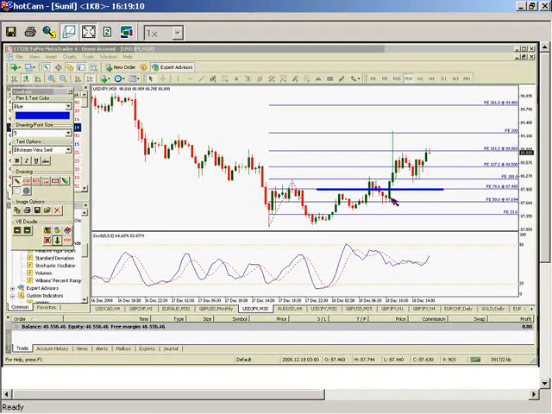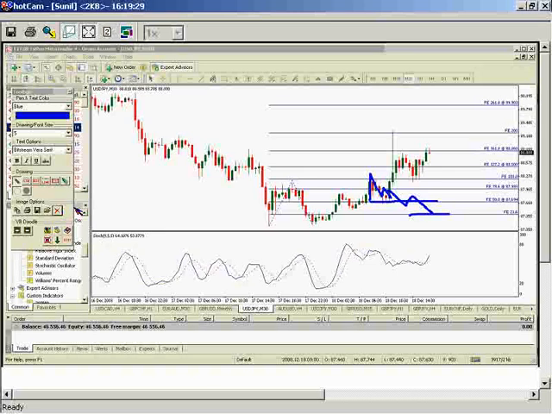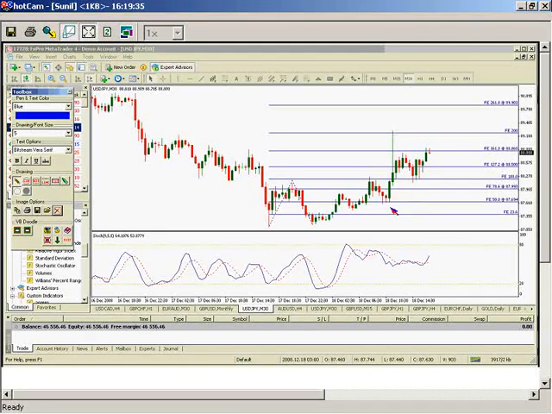This pullback has been held by the 50. It could even be held by a 23 for all you know. It doesn't really matter. What matters is, as a trader, based on a thumb rule, you are aware that if price breaks 78, the possibility of going to 127 is very high. So you are going to ride this pullback.